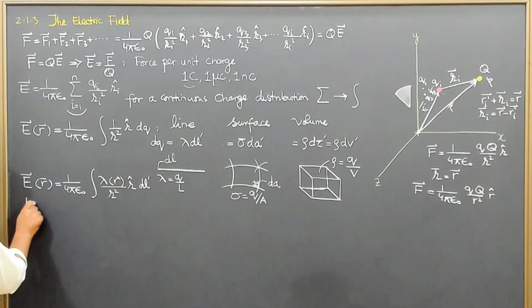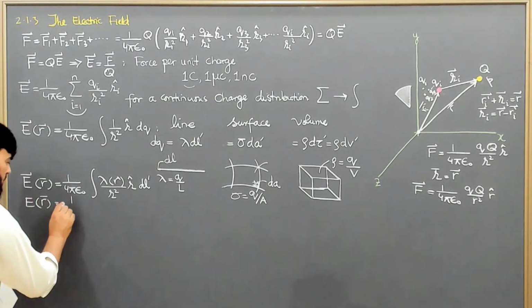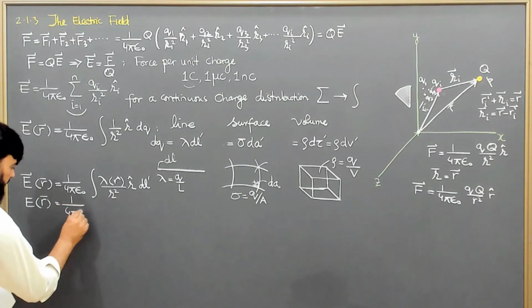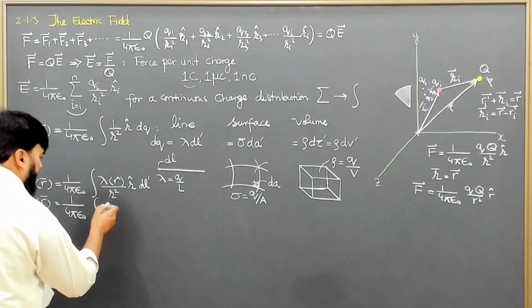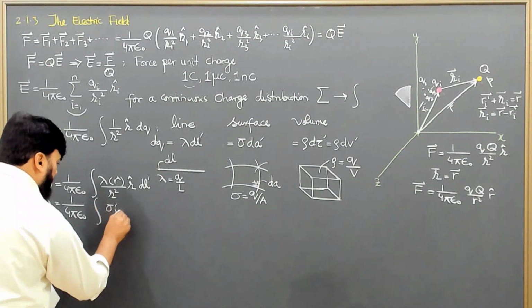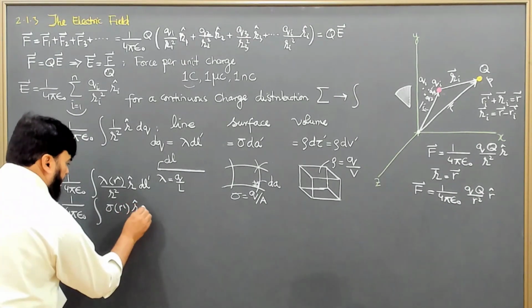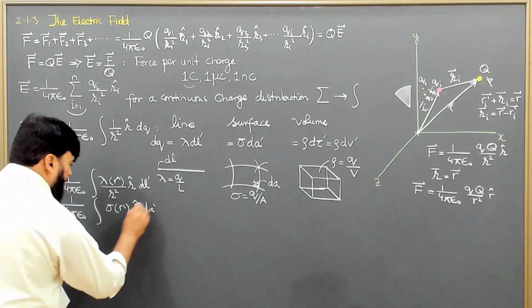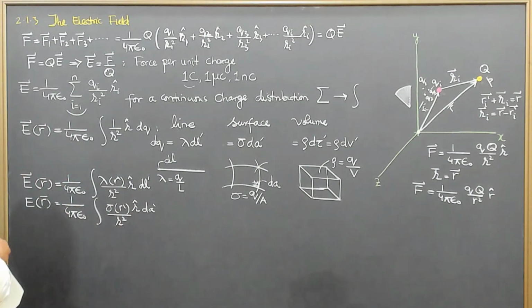Similarly, for a surface, E of r equals 1 over 4 pi epsilon naught integral of sigma at r prime, times the r unit vector, then dA prime divided by tilted r squared.